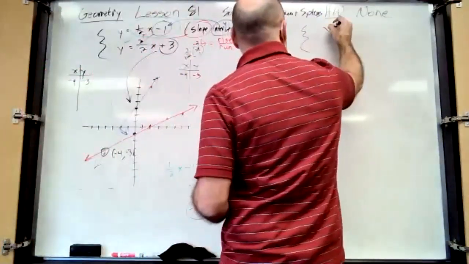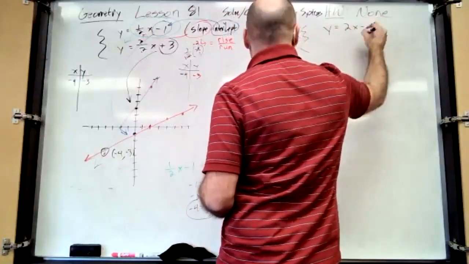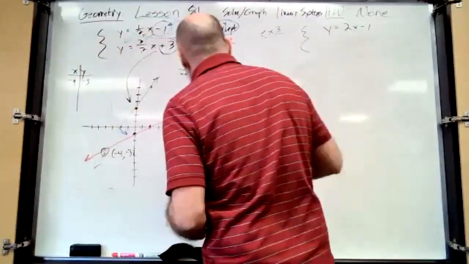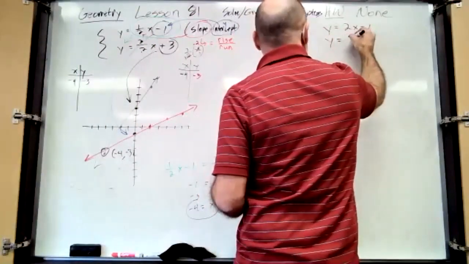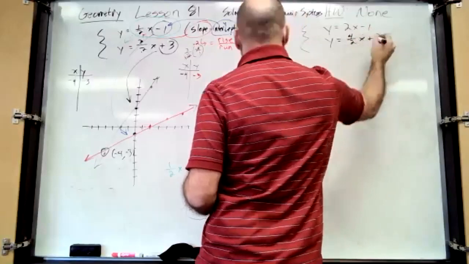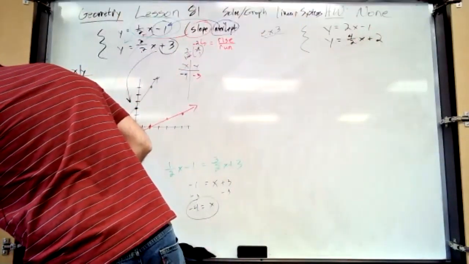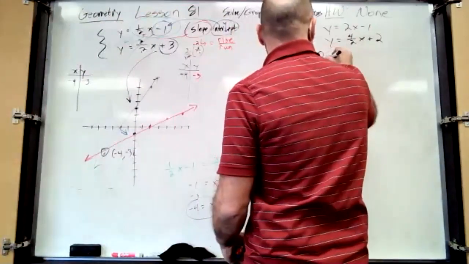Y equals 2x minus 1. Y equals 4/2 x plus 2. And 2y minus 2 equals 4x minus 2.